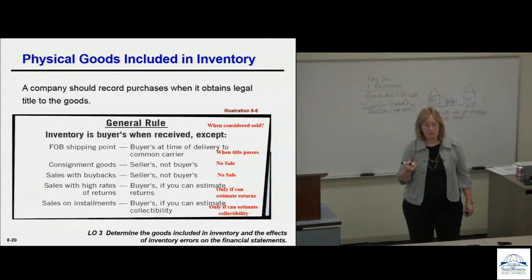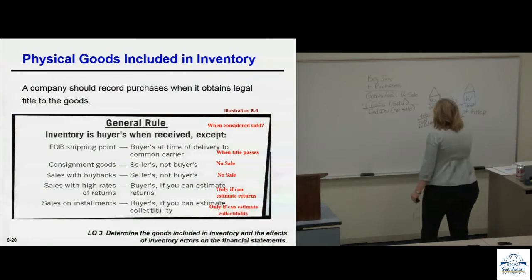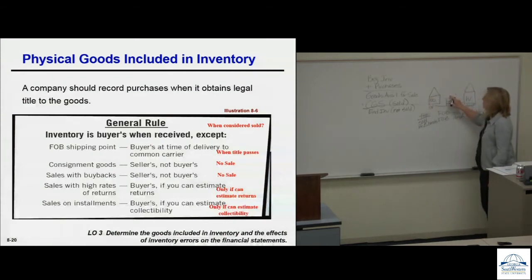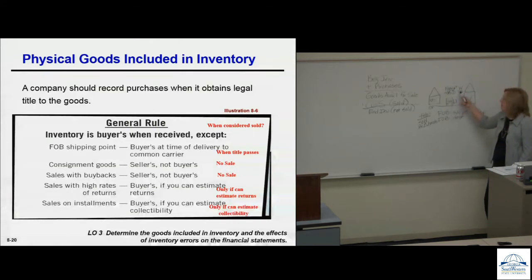So if it's FOB shipping point, whose goods are these? Walmart's. If it's FOB destination, whose goods are these? Ours. So these goods in transit are Walmart's goods if it's FOB shipping point. They were our goods if it's FOB destination.